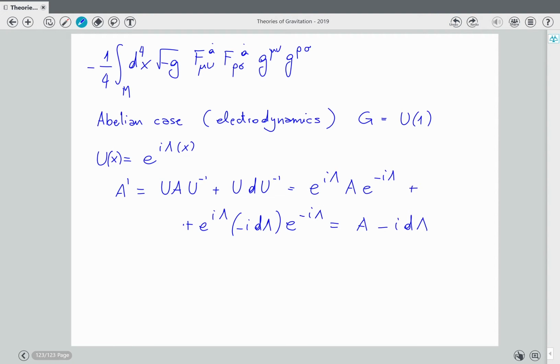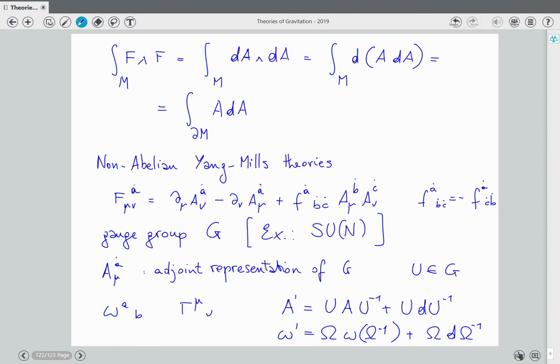This A is I times the usual A. Most of the books will actually have formulas that are slightly different, because normally I use a basis for non-abelian gauge fields where the representations are multiplied by I. They are made of anti-Hermitian matrices instead of Hermitian matrices, so there is an I somewhere.